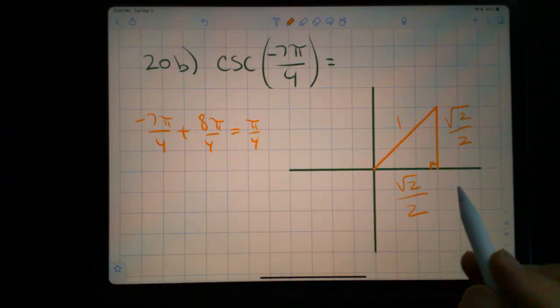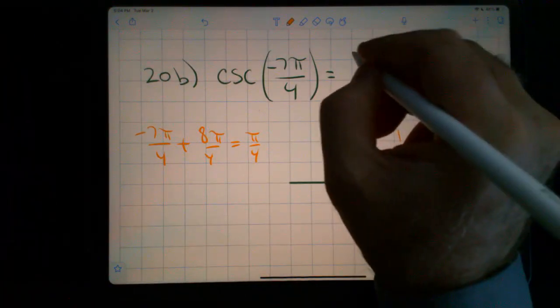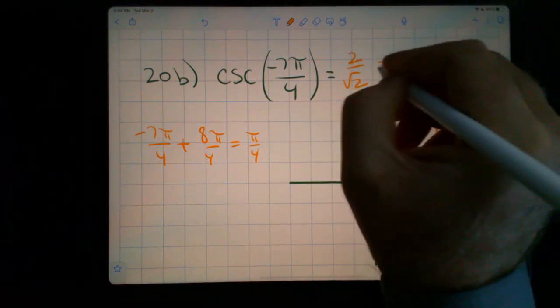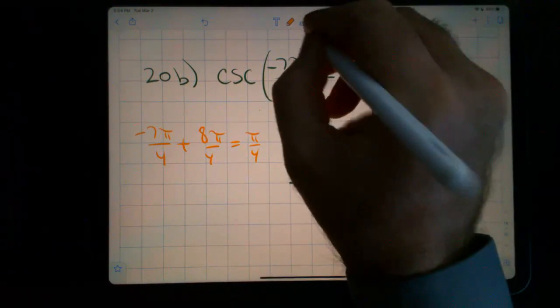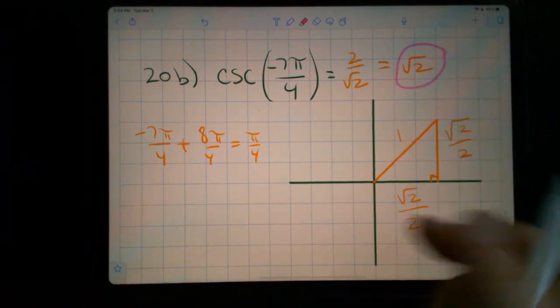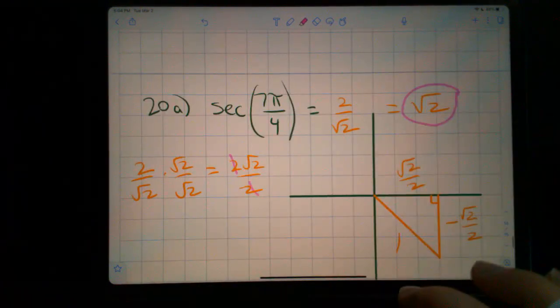Cosecant is the inverse of sine. So this is going to be 2 divided by root 2, which simplifies to a plain old root 2. Just like this.